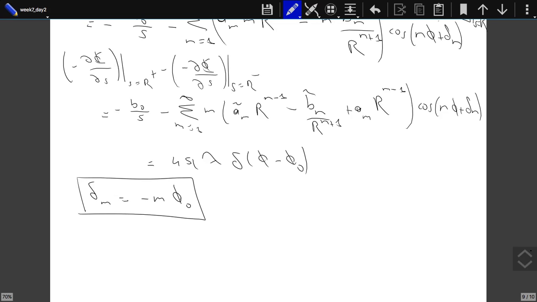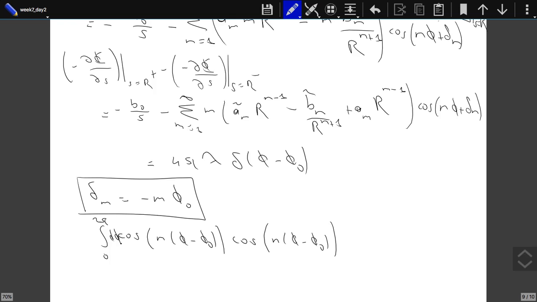Now the second thing we will use is, let's say, just multiply. We have on the left-hand side these terms, m phi minus phi 0. Multiply it with, let's say, cosine n times phi minus phi 0. Integrate it from 0 to pi, or 0 to 2 pi.